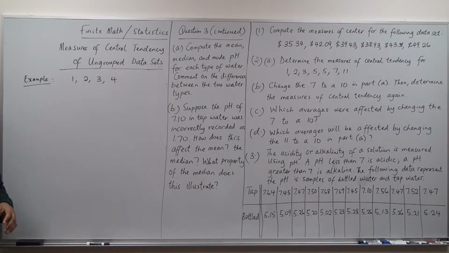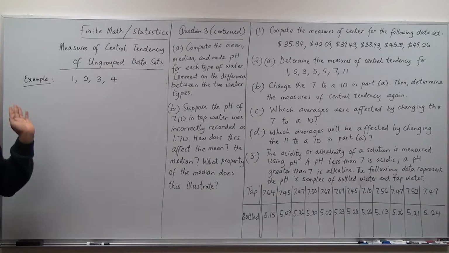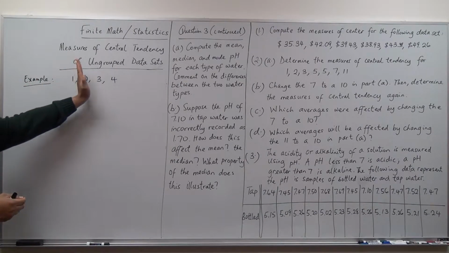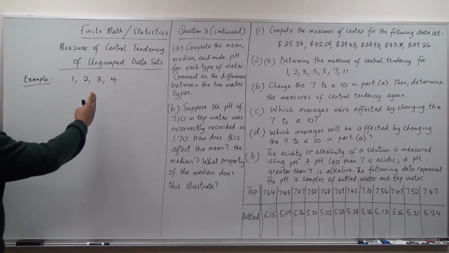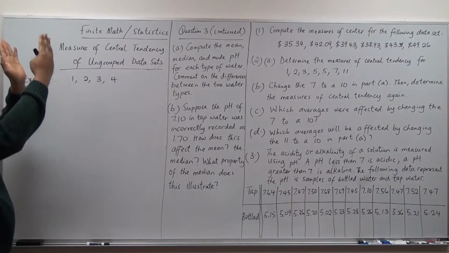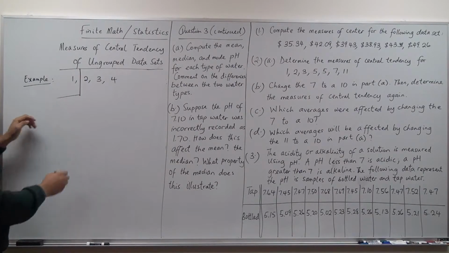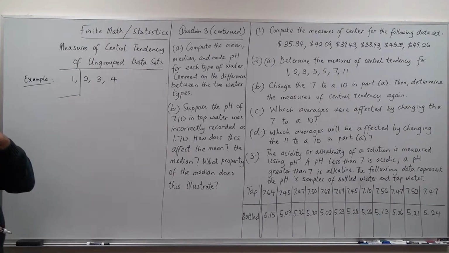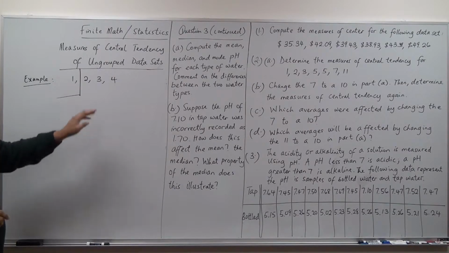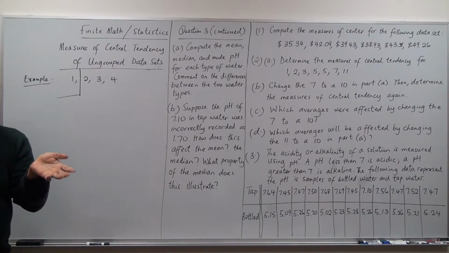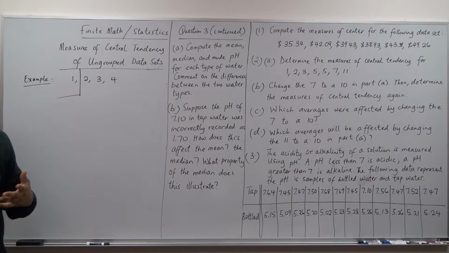First of all, the easiest thing to do is to start from the front and from the back. We know it's 4 items, so 2 values will be in the middle. When you have an even number of data set values, 2 values will always be in the middle.